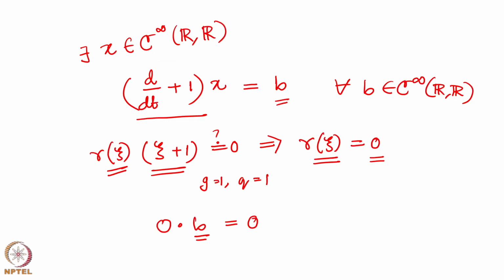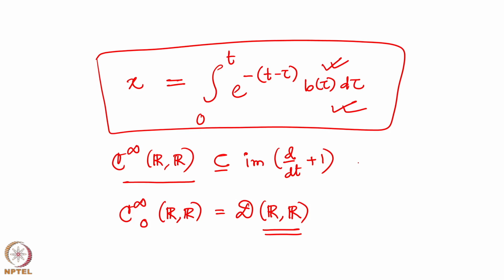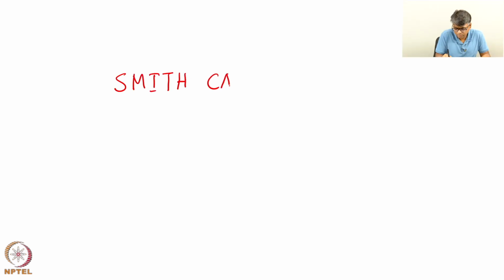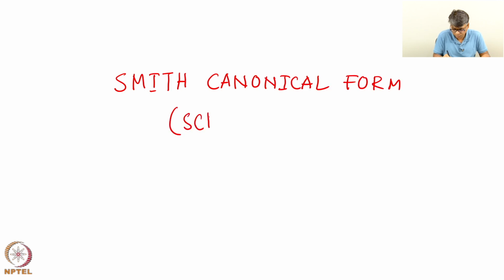It turns out that the answer comes through a mixture of what we have observed here with the scalar case, and a classical algebraic result called the Smith canonical form. Actually, we don't need Smith canonical form in its full glory. We can make do with a quasi Smith canonical form.